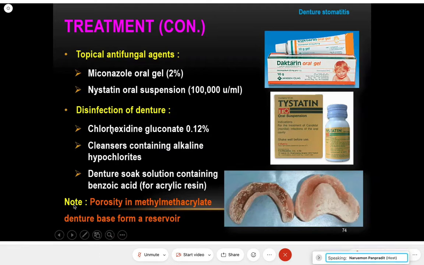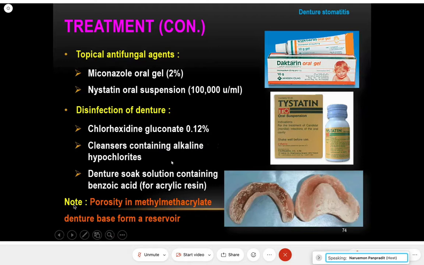Most commonly we use chlorhexidine gluconate 0.12%, which is sold under brand names in the market. This is chlorhexidine. You soak the denture at night, and then in the morning you rinse it well, and the patient can use it to kill the infection both in the lesion and in the denture. This is the best way for the treatment.